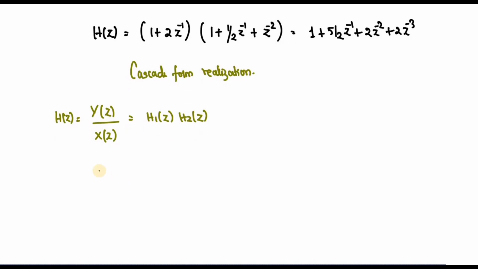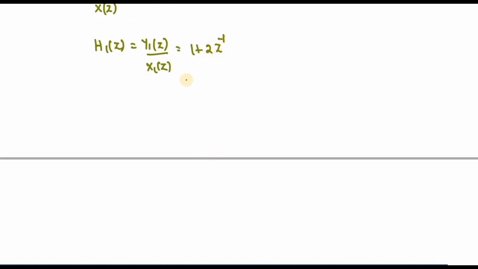H1(z) = Y1(z)/X1(z). If you represent it with the help of direct form, you have only one z^-1 term, so I can draw it like this.